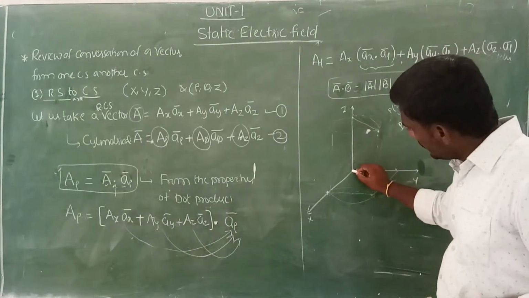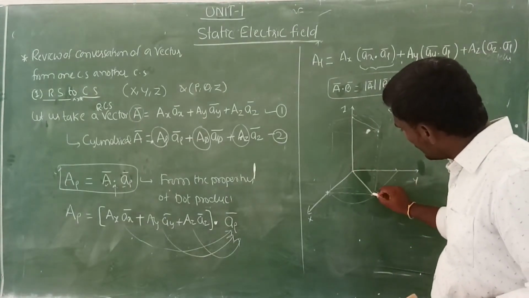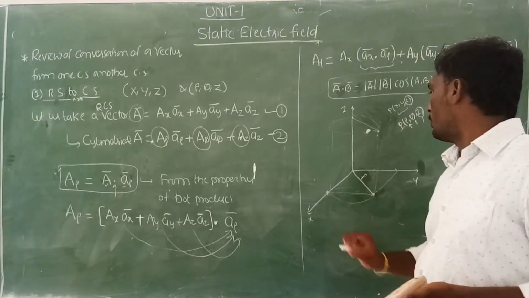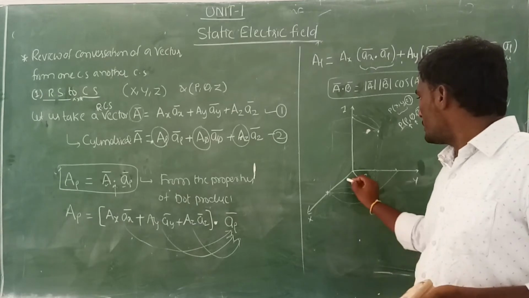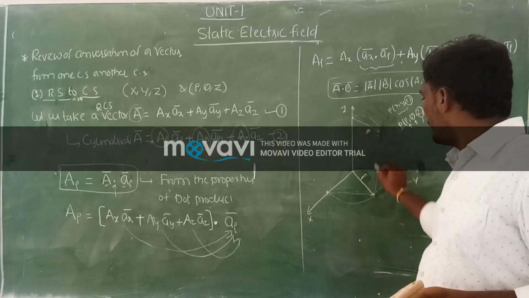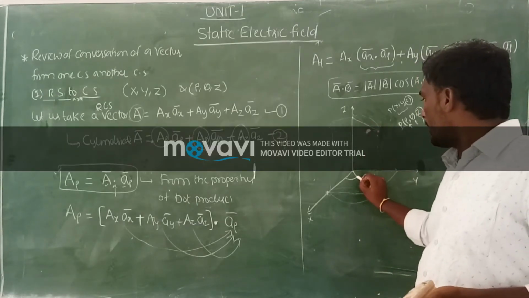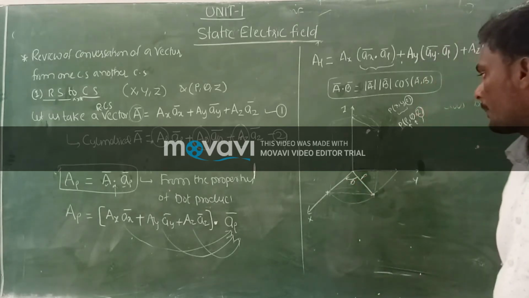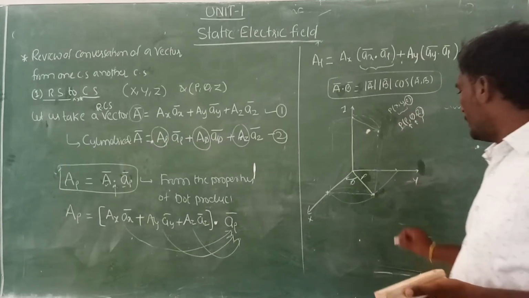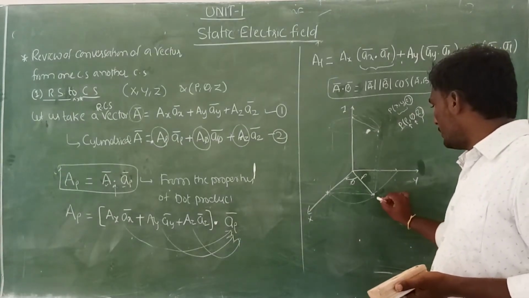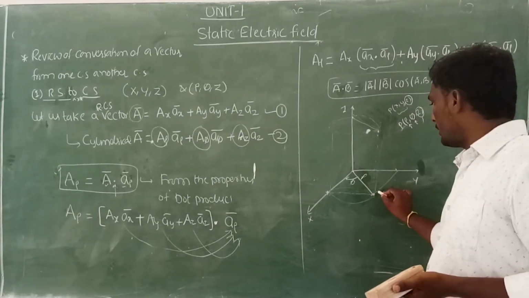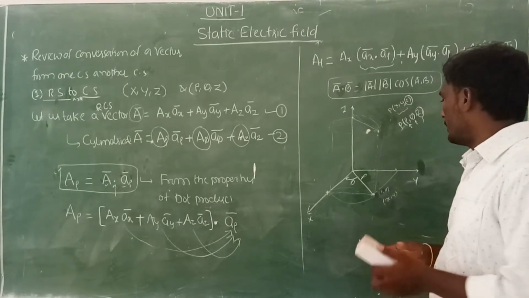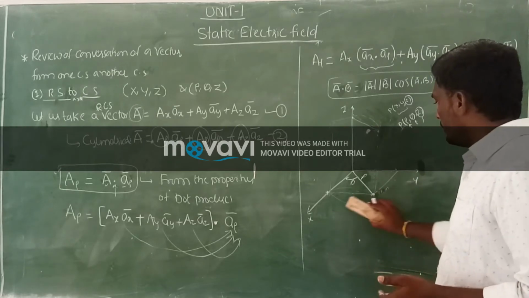That means from the origin up to this point is the radius of the cylinder, and it is represented by rho. This is your half plane, and it makes an angle with the xz plane, which is phi. What is this point? This point is the rho, phi point. In the Cartesian coordinate system, it is the x, y point. Now see here.